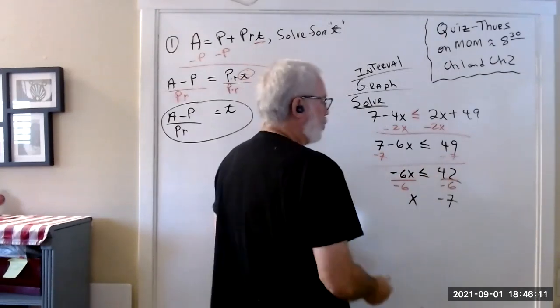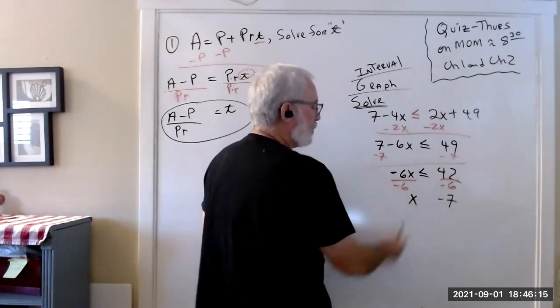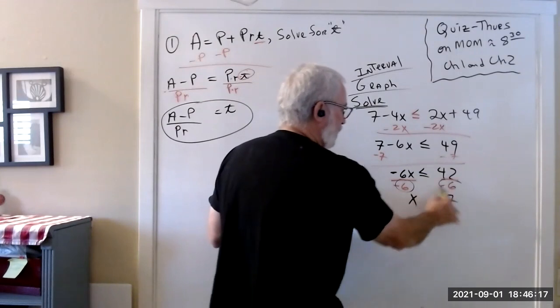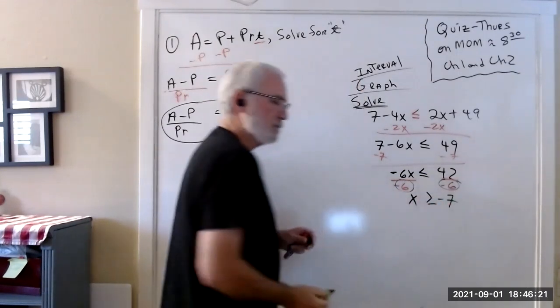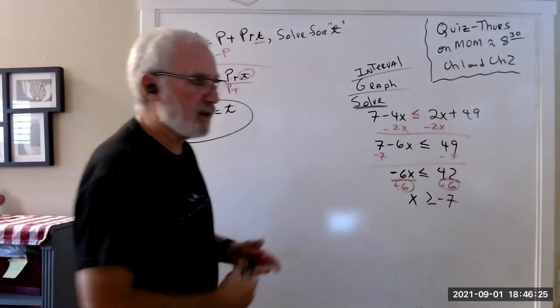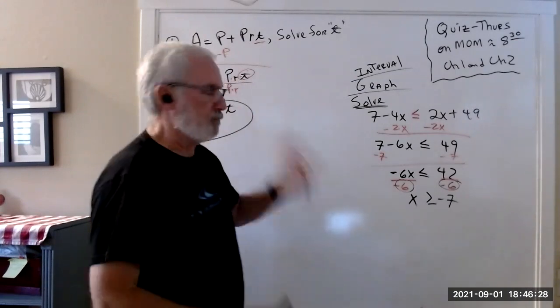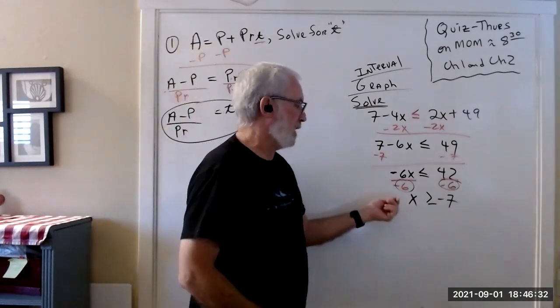But the rule was when you multiply or divide both sides by a negative number, you have to flip the inequality over. That was that big thing. Math is real big on truth, justice and the American way, and all that Superman stuff. But basically, that's what it comes down to.